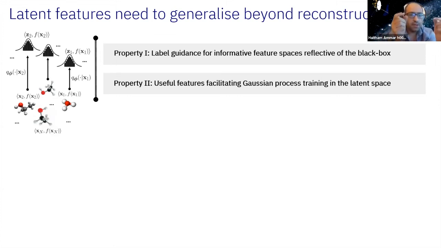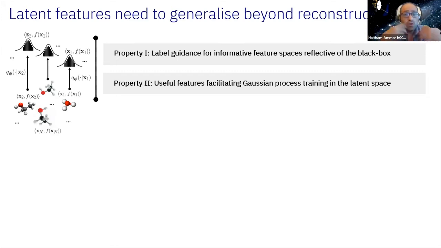But please remember that our goal of constructing this VAE is not just to generate inputs, but we need something that's amenable to exploration and optimization in that space, right? Because at the end, I'm going to run BO in that space, meaning that I will need to explore that space. I would need to fit a GP in that space and so on. So this latent space should exhibit some form of knowledge about the relationship between Z, which is the latent point, and the function value f of x.